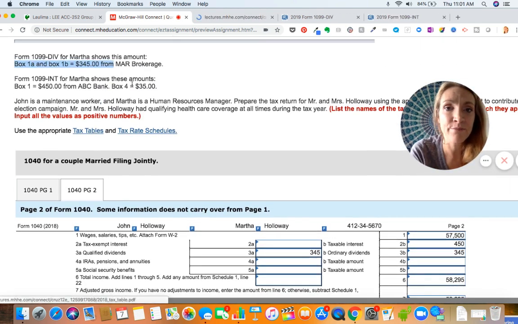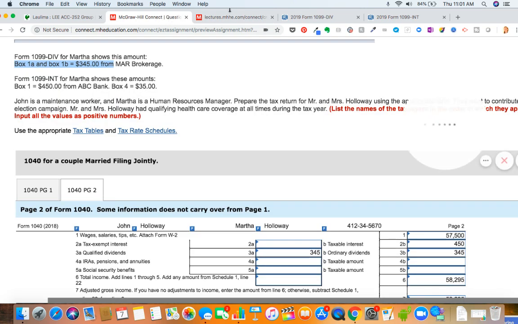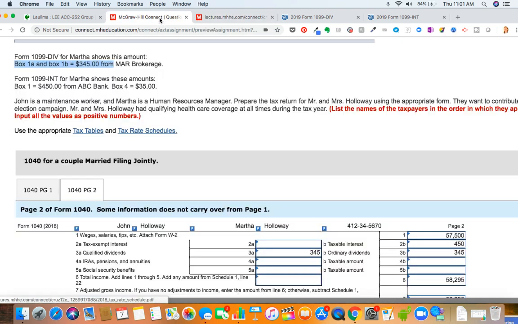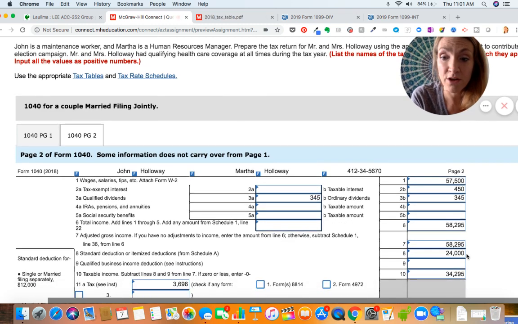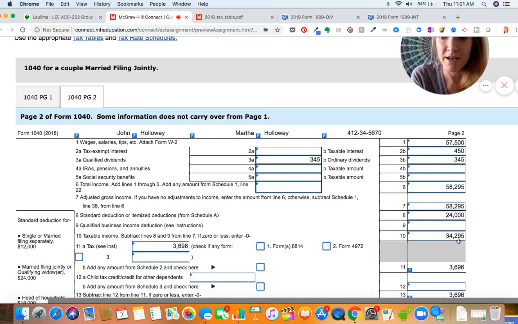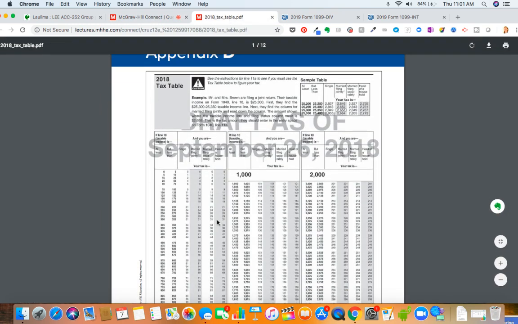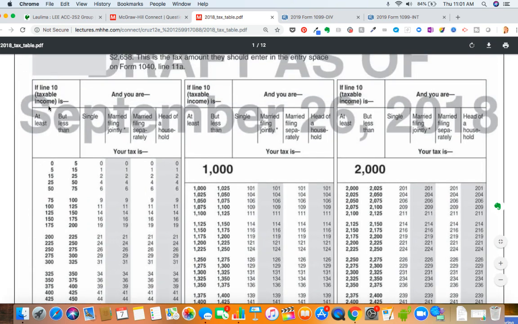The tax tables, you just click here. I press Command or Control and then click just to make sure it opens in another tab. And so we're going to look at the married filing joint column for $34,295. So remember, at least the first column amount, but less than the second column.